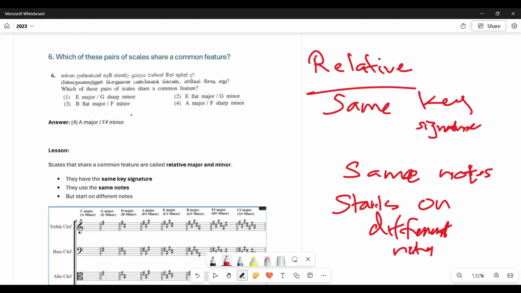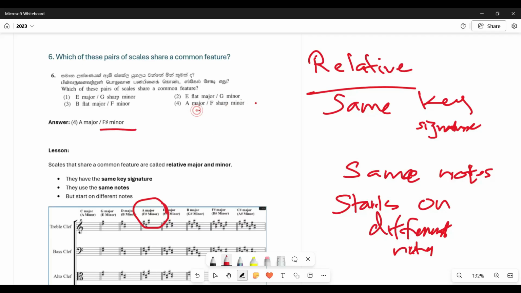So when it comes to this exam question, A minor and F sharp minor would be the answer.